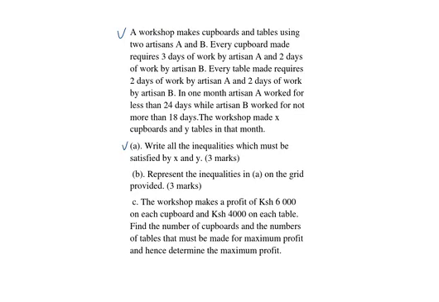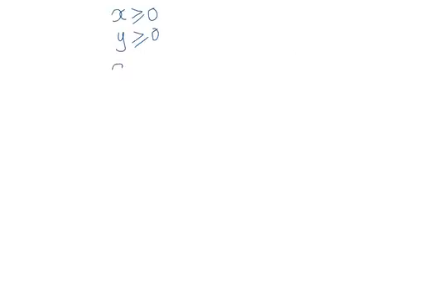So if X is the number of cupboards made that month, then artisan A took 3 multiplied by X days on the cupboards plus 2 multiplied by Y, where Y is the number of tables made that month. So we multiply by the number of days required to make one table, and this total should be less than 24.